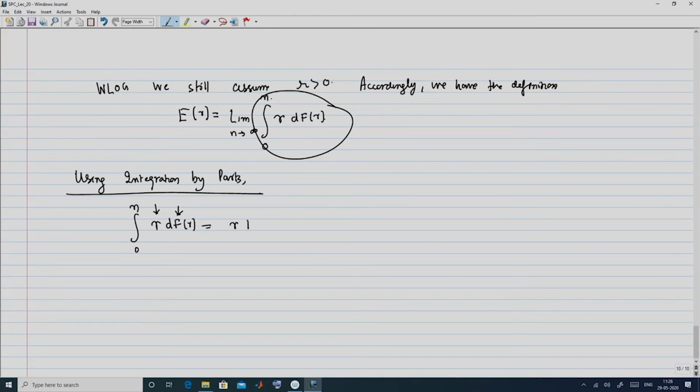So it is the first function R into the integral of the second function, f of R, from 0 to n, minus the integral from 0 to n of the derivative of the first function, which is 1, into the integral of the second, that is f of R dr. So here this is going to be n into f of n, of course, the second term is going to be 0, minus the integral from 0 to n of f of R dr.